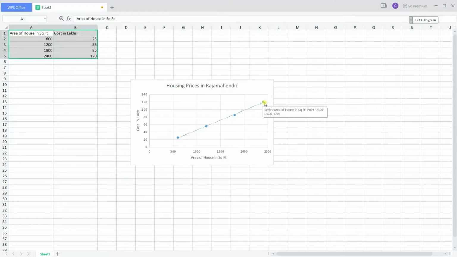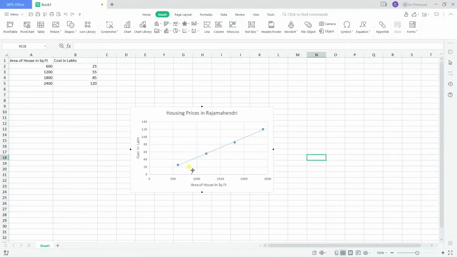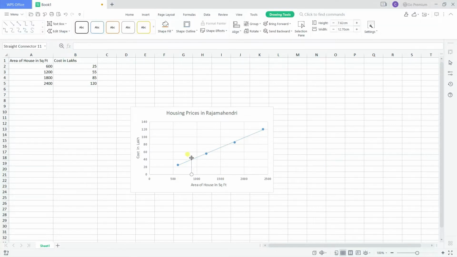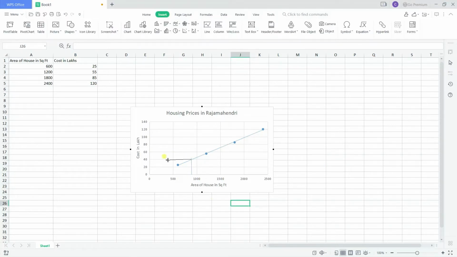Now there might be a problem statement asking us to predict the cost of a 900 square feet house using this data. The 900 square feet should be somewhere here and its corresponding cost should be somewhere around 40.